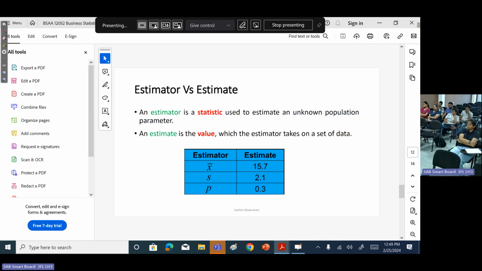Then if you want to calculate the population variance, that is the unknown population parameter, we use the sample variance. Then we calculate the sample variance and we got 5. That 5 is a number. That number we call the estimate.